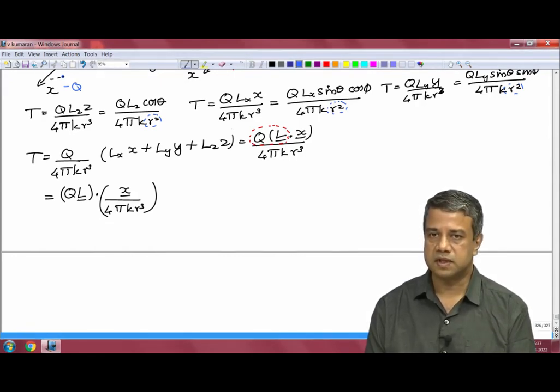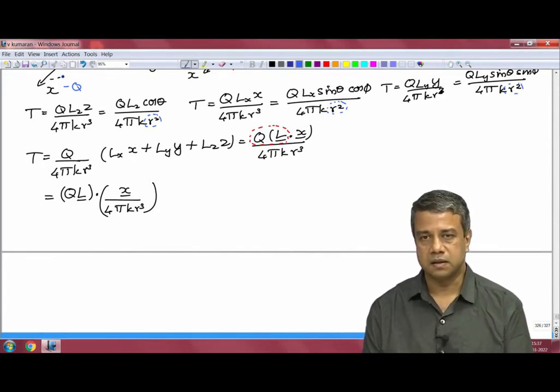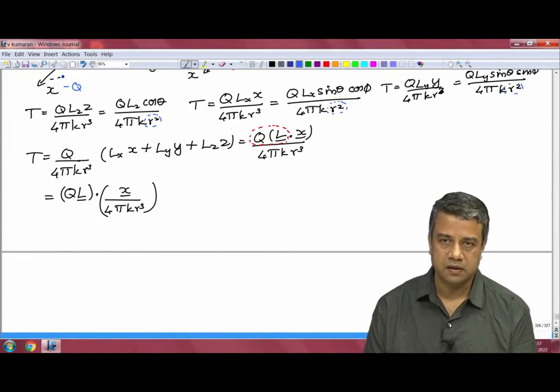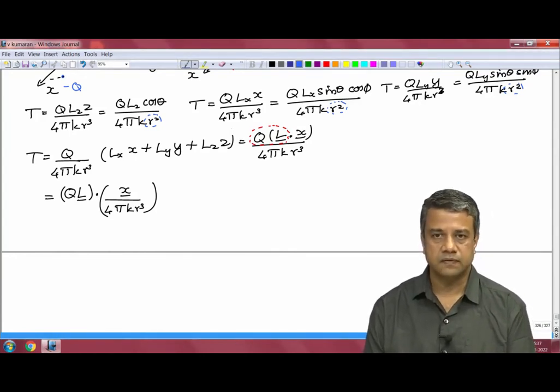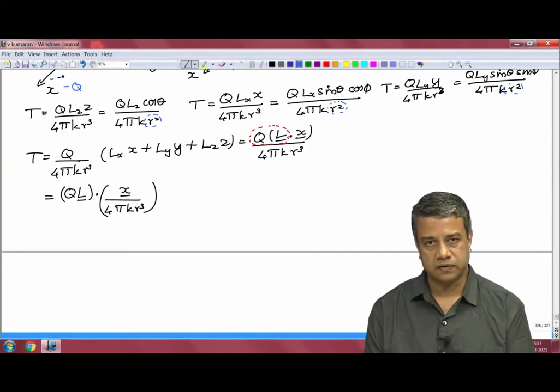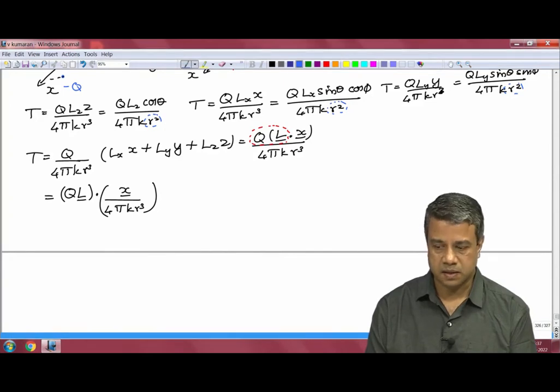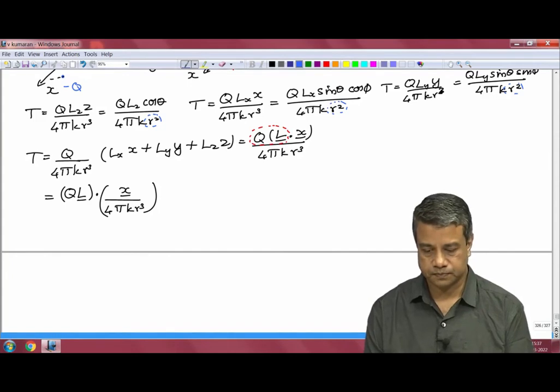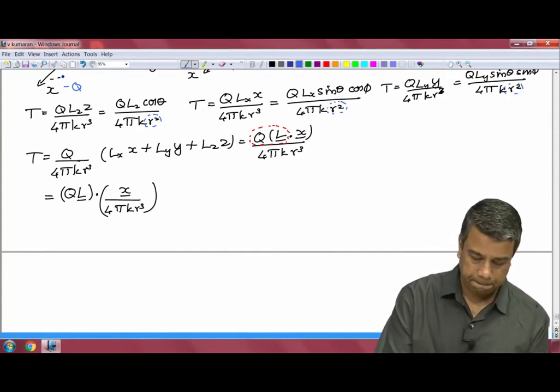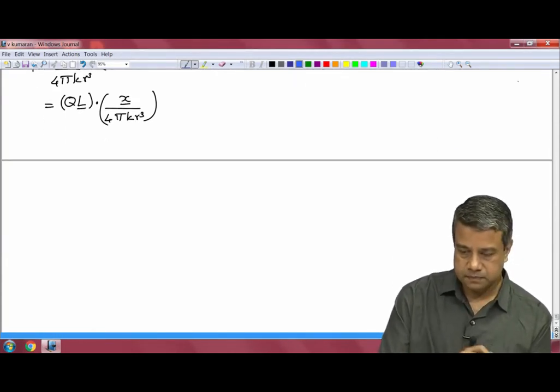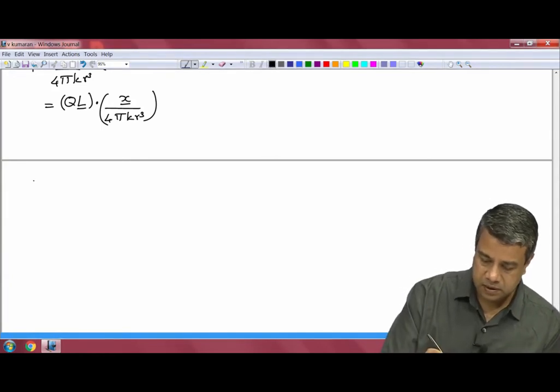So, if you are sufficiently far away from the dipole, the temperature field cannot decay as 1 over r because there is no net source, and therefore, the temperature field decays as 1 over r square in this case. And this is the temperature due to a point dipole, and the dipole moment is q times L. Back to our temperature expansion.